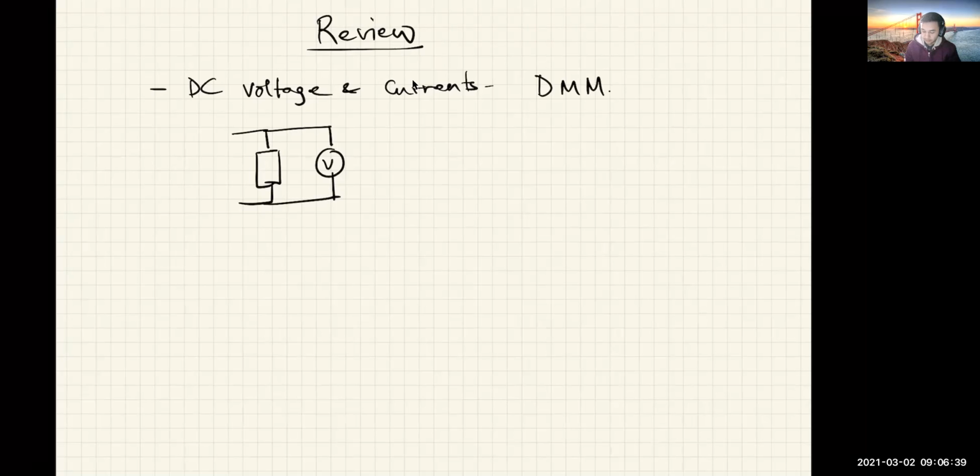Whereas when you're trying to measure a current, you want the ammeter to be attached in series with the current that you're trying to measure. Okay, so you want the same current to go through the device as the ammeter, whereas for the voltmeter case, you want the same voltage across the device and the voltmeter.